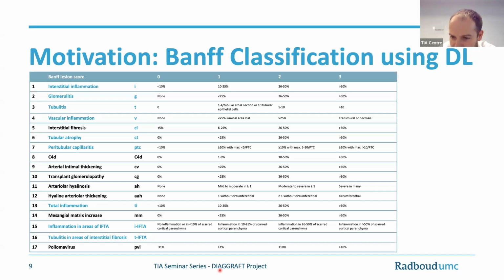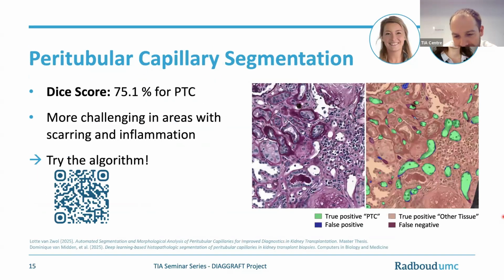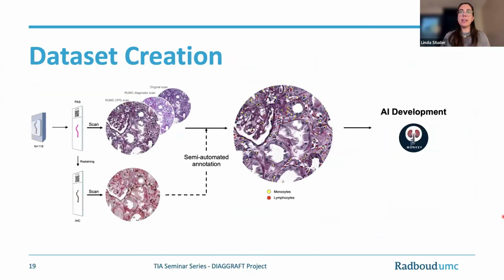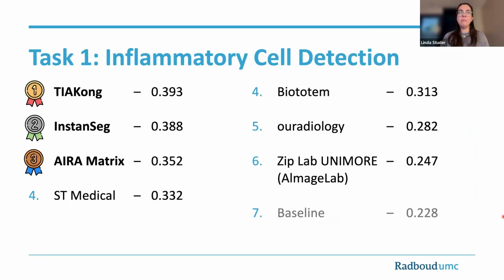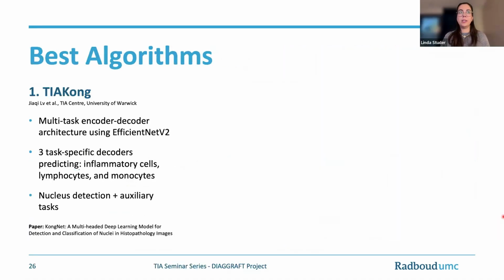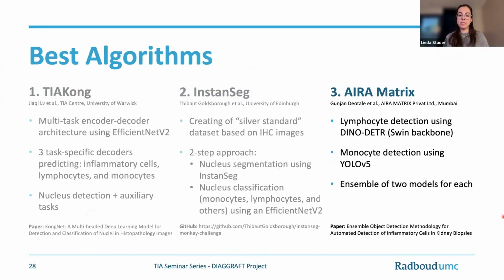Did the Monkey challenge reveal anything unexpected about what types of models perform well? Yeah, I think the unexpected thing was how many different models seem to end up in a similar place, even though you can choose different approaches. We saw some trends: EfficientNet was very commonly used.